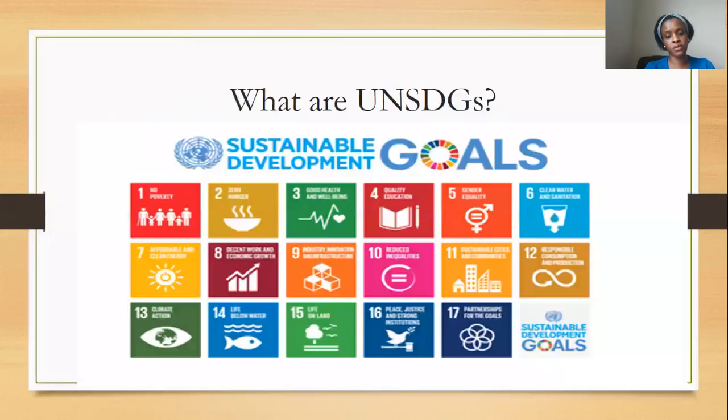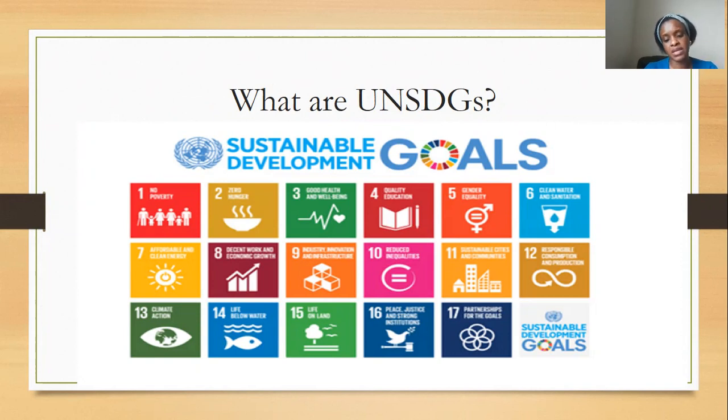So what are the United Nations Sustainable Development Goals, or the UNSDGs as we like to call them? The UNSDGs are 17 goals that have been set or identified by the United Nations as issues that we need to tackle globally.